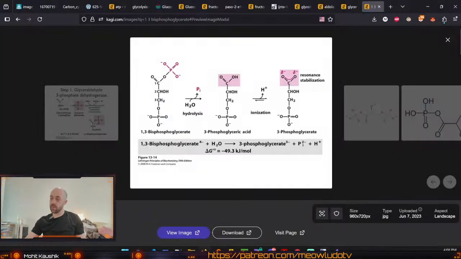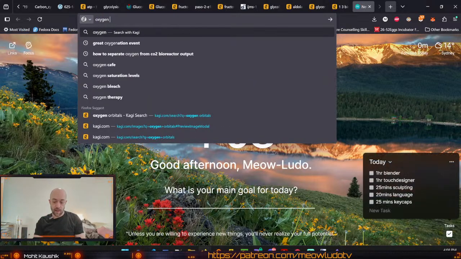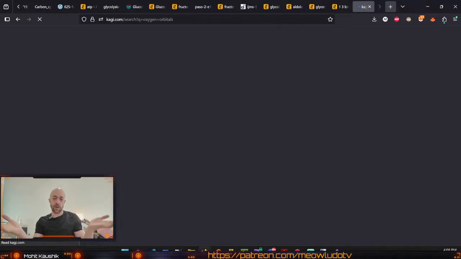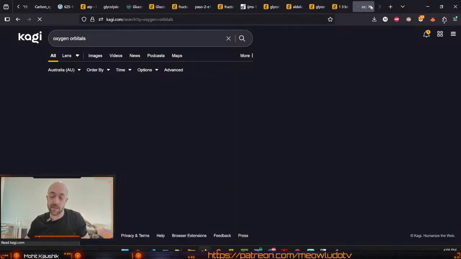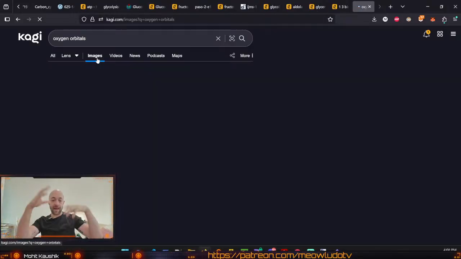This is quite important. What we're going to do is look at the orbitals of oxygen. If anyone has any questions, just chuck it in the chat. The orbitals are where the electrons possibly exist. The electrons and the protons balance each other out.